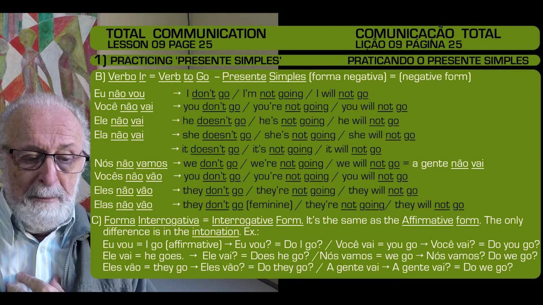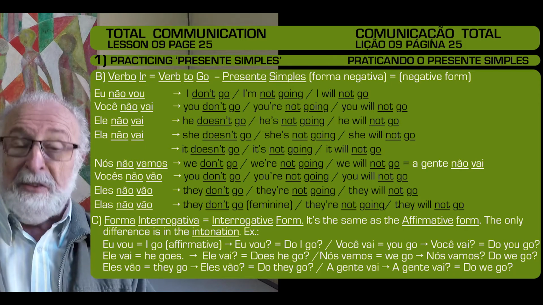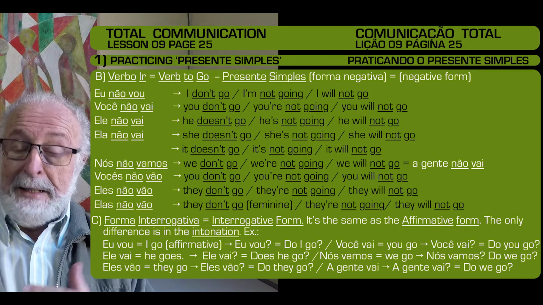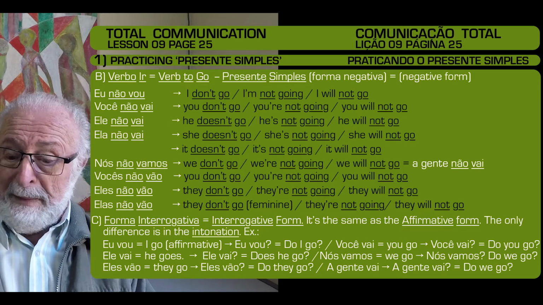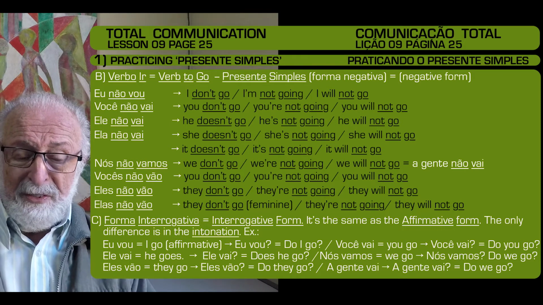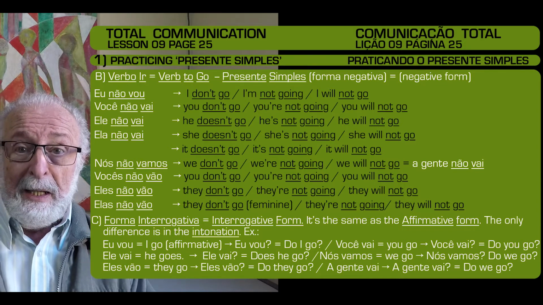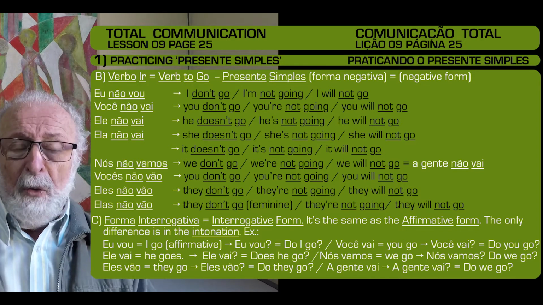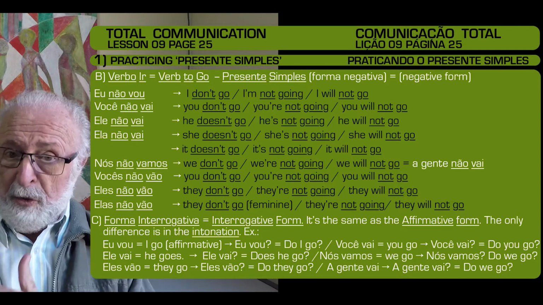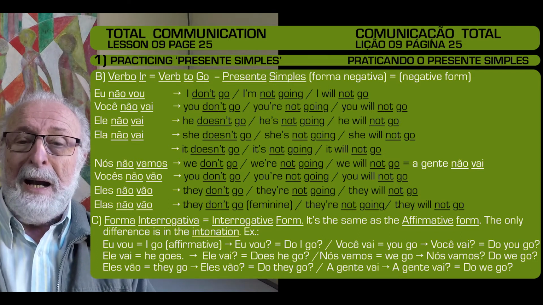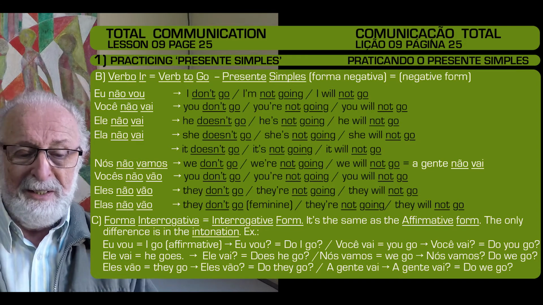Eu vou means I go. Is affirmative. And you have in English, do I go? Okay? But in Portuguese, you don't say that. You simply say, eu vou. Eu vou is affirmative. Eu vou is a question. Okay, you are making an interrogation.